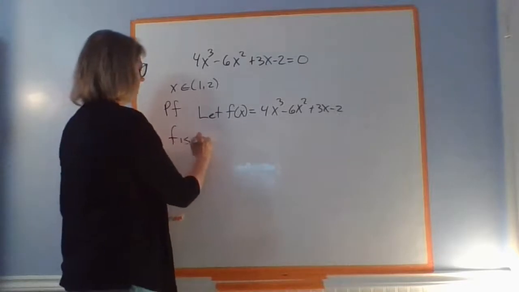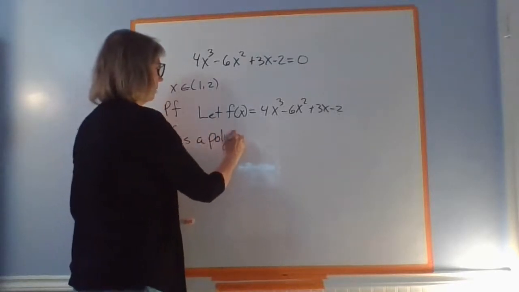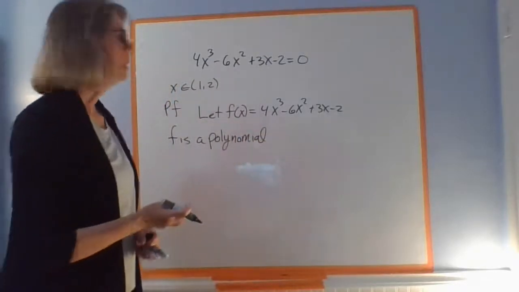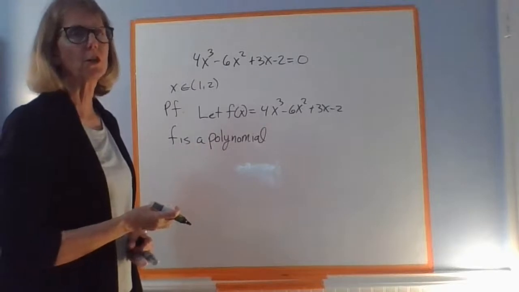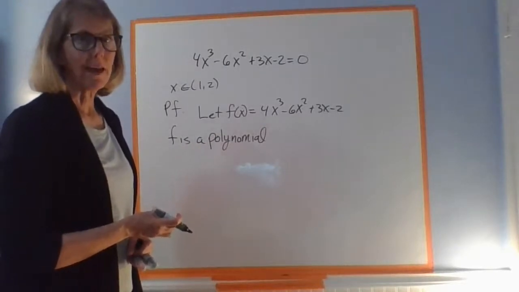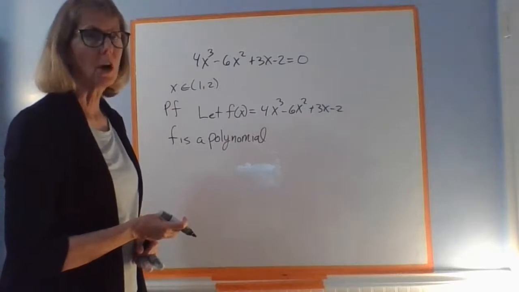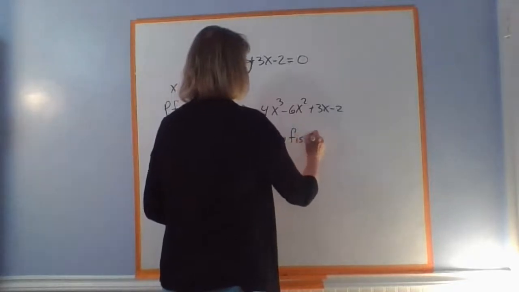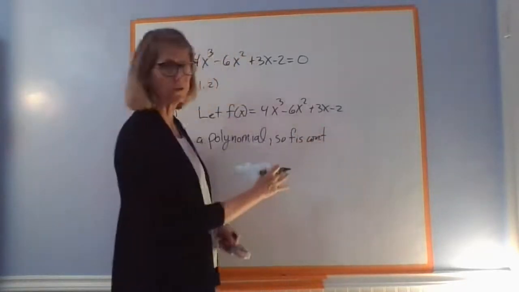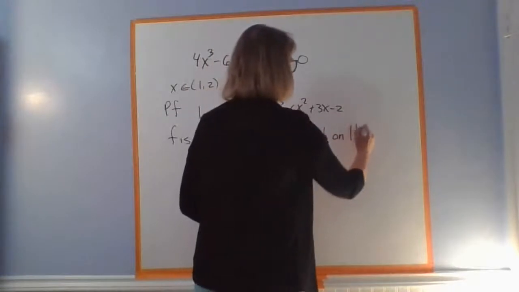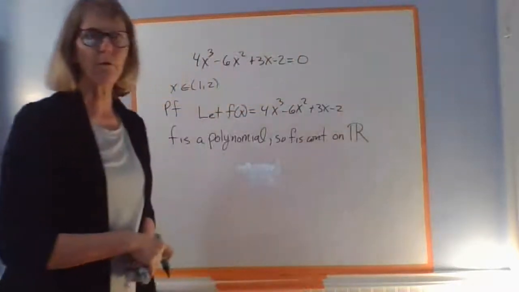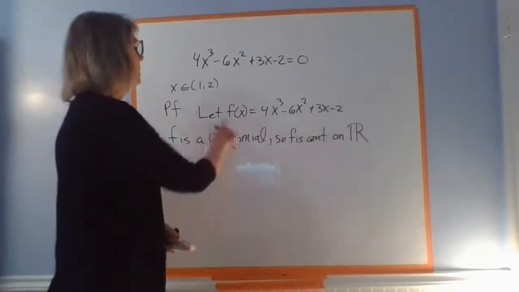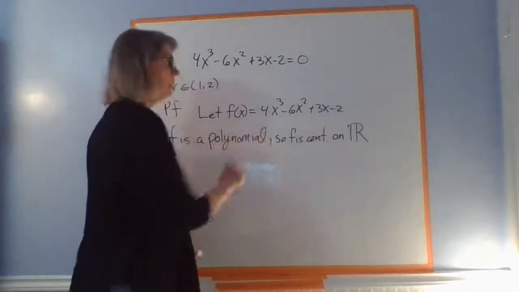F is a polynomial. And we've learned in previous modules that all polynomial functions are continuous on their domains, and the domain of every polynomial function is the real numbers. So f is continuous. There's an abbreviation for continuous on, and there's my double-bar R, my shorthand for all real numbers.